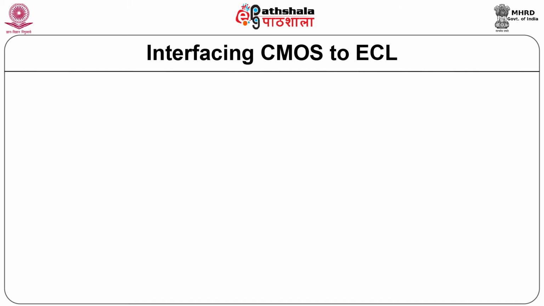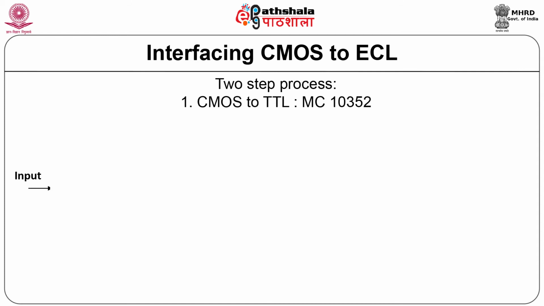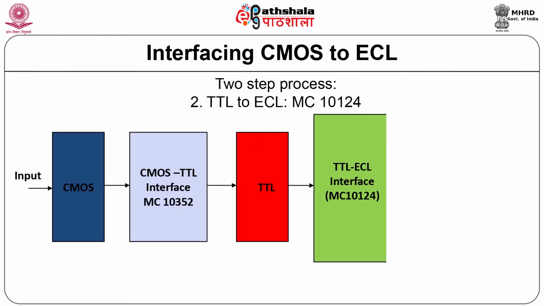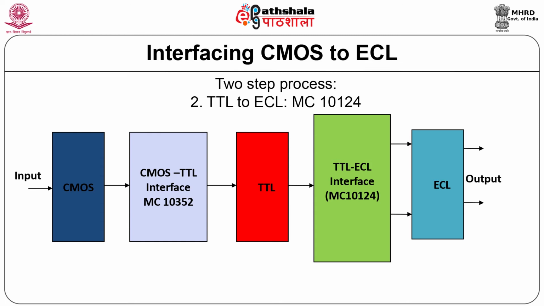A CMOS to ECL interface is also possible by first converting CMOS to TTL and then TTL to ECL, again by using MC10124 or a similar chip. The figure shows the arrangement for the same. Similarly, an ECL to CMOS interface is possible by having an ECL to TTL interface using MC10125 or a similar chip followed by a TTL to CMOS interface as shown in the figure.